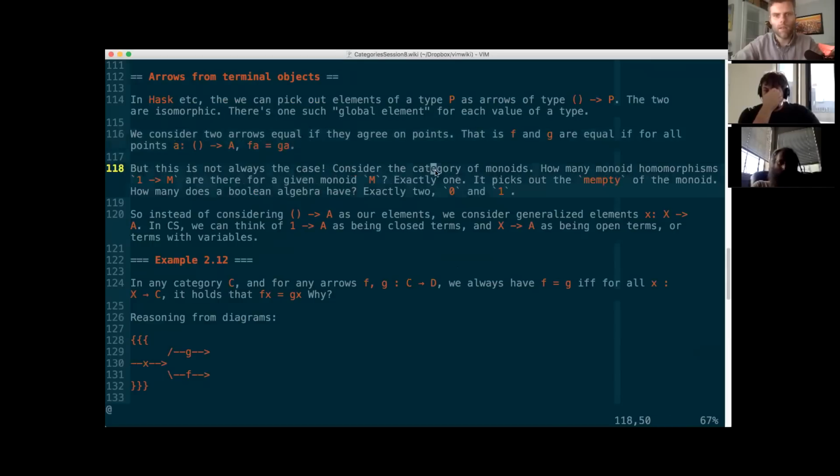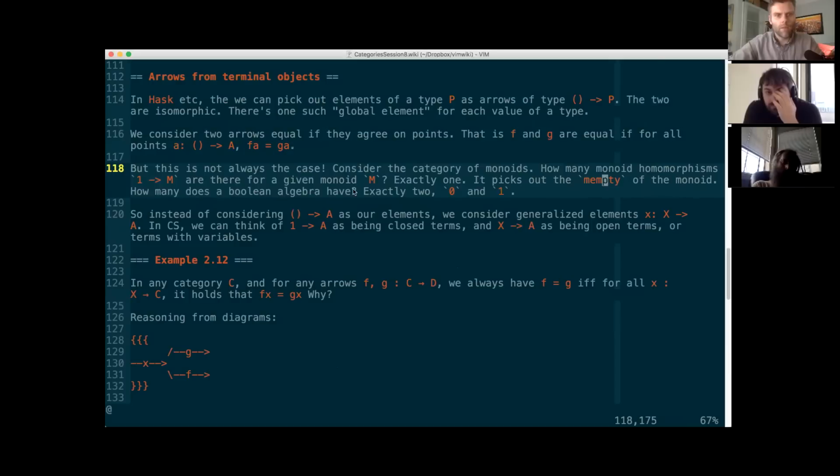But if we consider the category of monoids, how many monoid homomorphisms are there from 1 to m? Remember, 1 is the single element monoid, the unit monoid that only has a unit in it. So for a given monoid m, how many homomorphisms from unit to m are there? Well, there's exactly one. It picks out the mempty of the monoid.